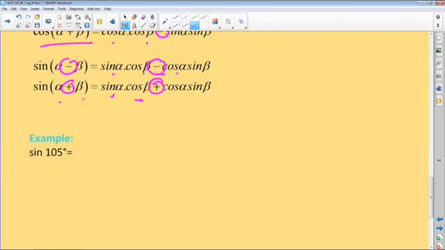So for example, if I've got sine of 105 degrees, and I need to simplify that and work out what is the answer to sine 105 degrees. Well, I can rewrite 105 as a compound angle, so as the sum of two other numbers. So I can rewrite 105 as 60 plus 45. Now you should recognize those as special angles.